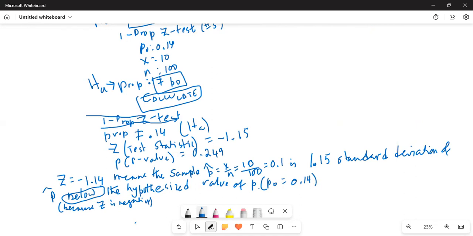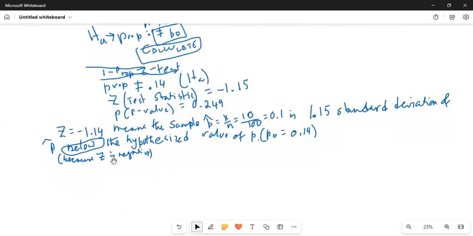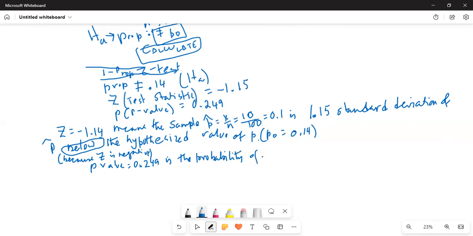Next, you also see the p-value is 0.249. The p-value 0.249 is the probability of getting a test statistic as extreme as minus 1.15.